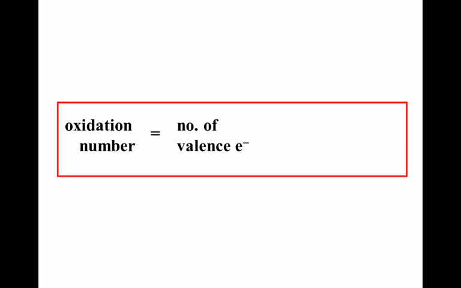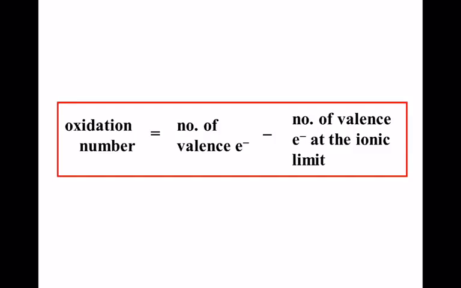For main group elements, that's the group number. From that, we subtract the electrons at the ionic limit, which you get from assessing the structure, the context.